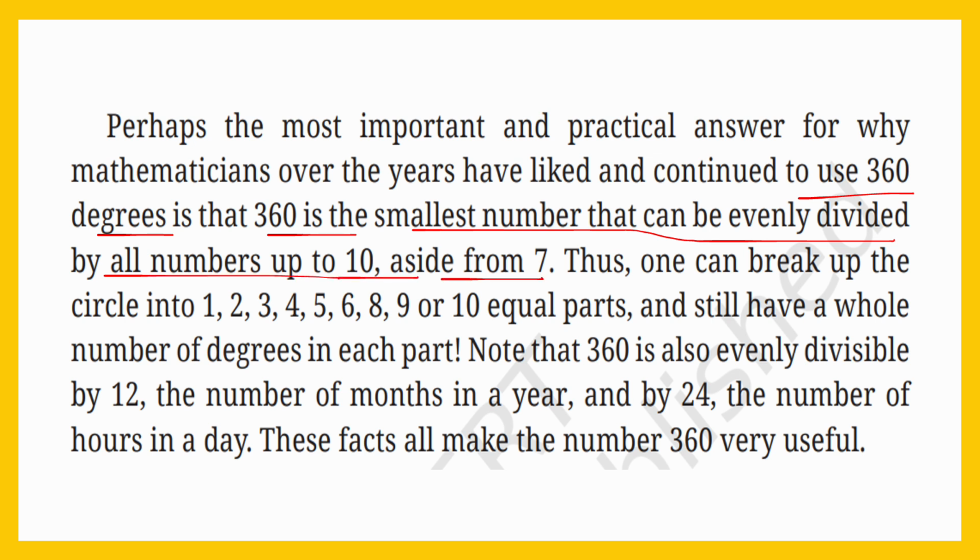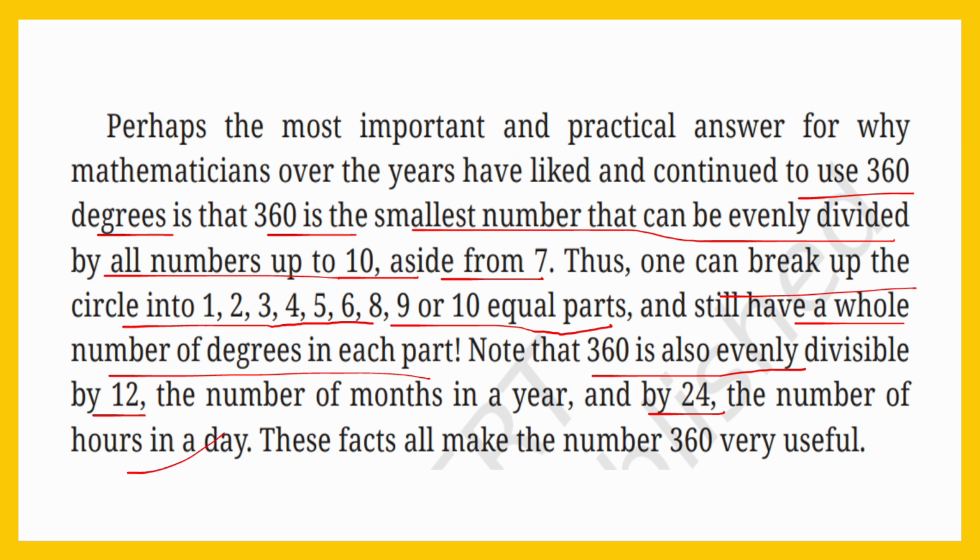Thus, one can break up the circle into 1, 2, 3, 4, 5, 6, 8, 9 or 10 equal parts and still have a whole number of degrees in each part. Note that 360 is also evenly divisible by 12, the number of months in a year, and 24, the number of hours in a day. These facts all make the number 360 very useful.